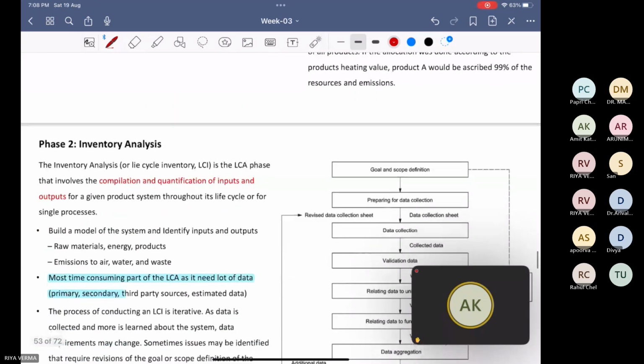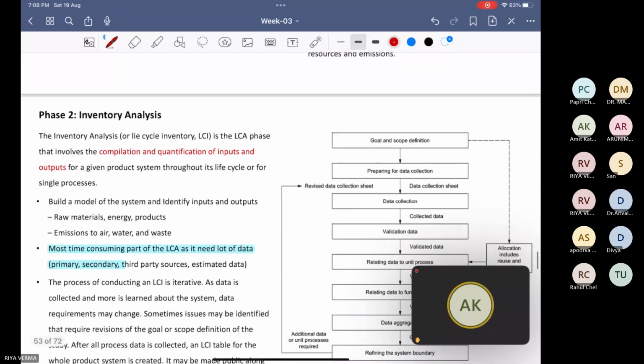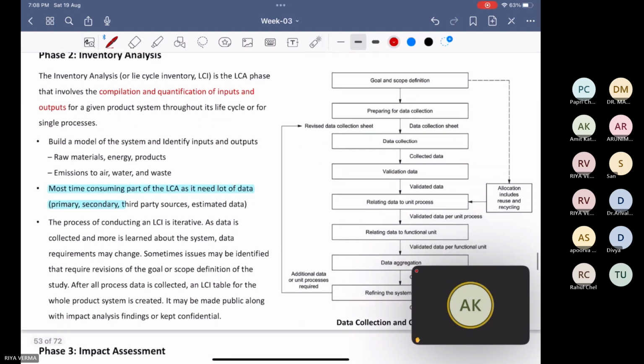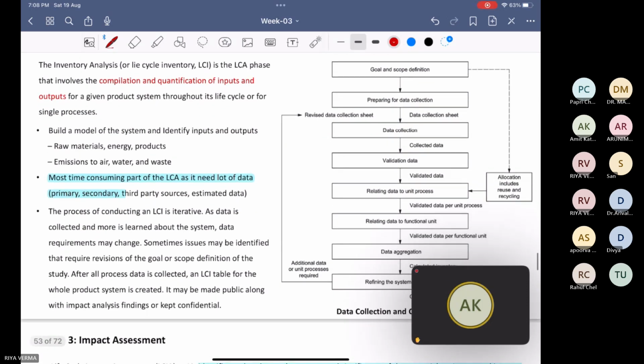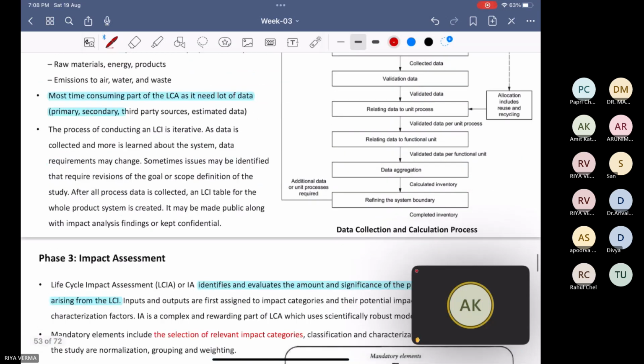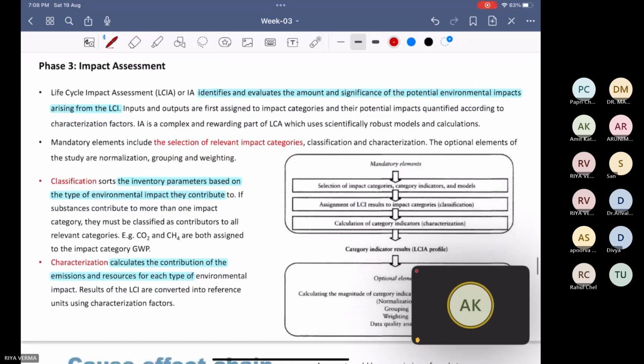Then the second phase is inventory analysis. It involves the compilation and quantification of the inputs and outputs for a given product system. Next up, we have impact assessment.